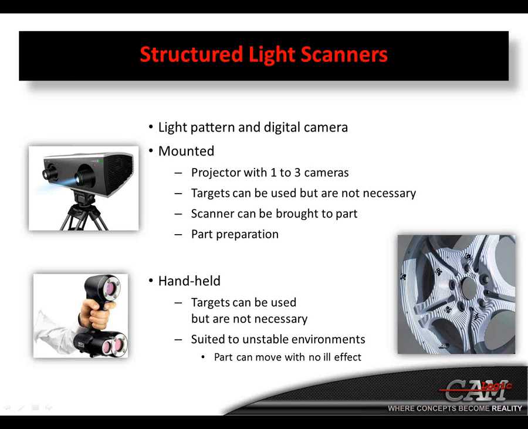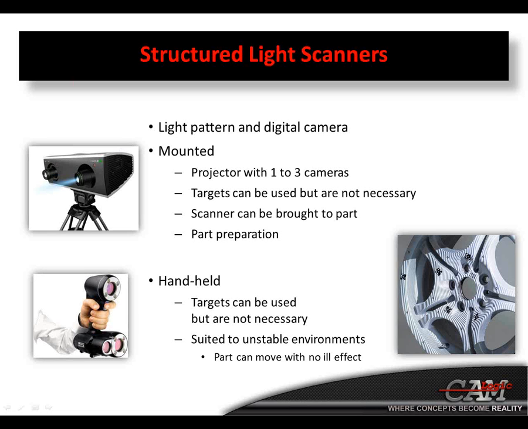You can see that fringe pattern is being projected onto the wheel. The scanner knows exactly what that fringe pattern is supposed to look like had it been projected onto a completely flat surface. So when it's projected onto a curved surface, it's able to see the deformation of that pattern and then describe that to the computer to make a 3D surface.